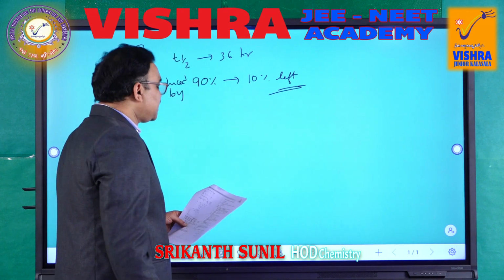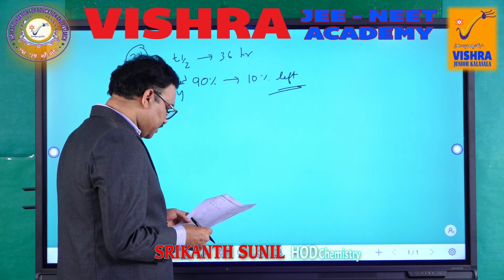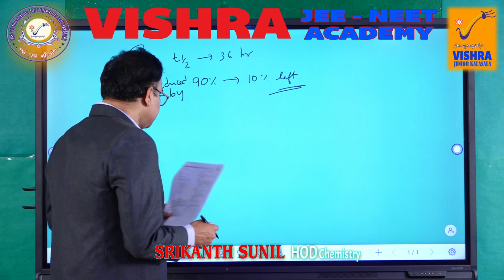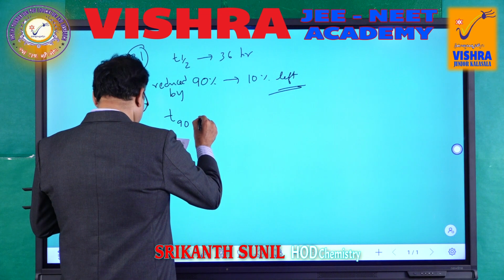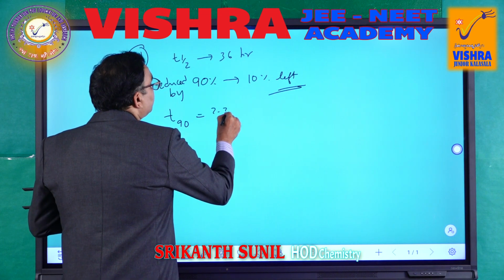So T half is 36 hours and we have to find the time in hours. So we will take T90. We have to do it according to the problem. Here this is not a multiple choice.